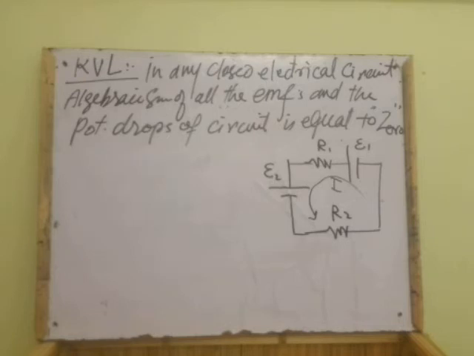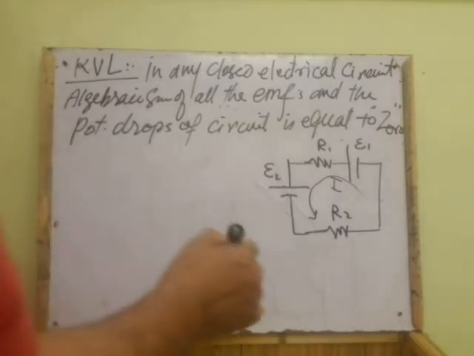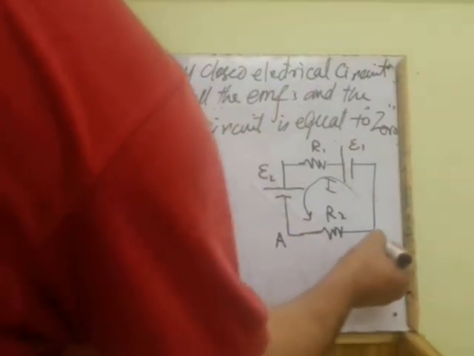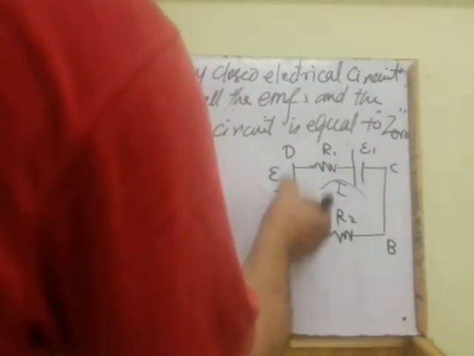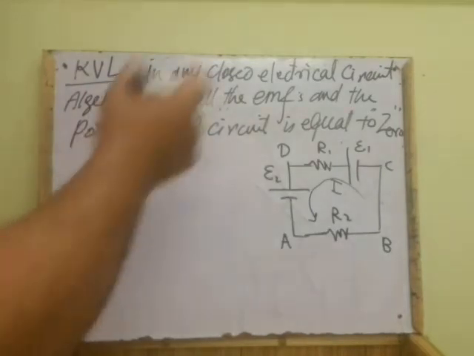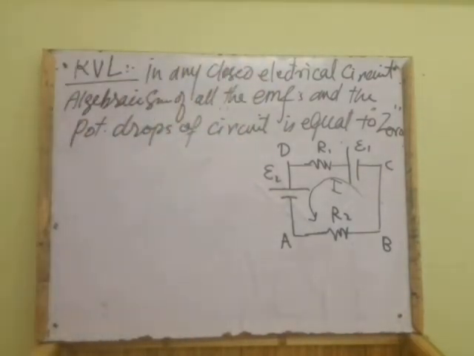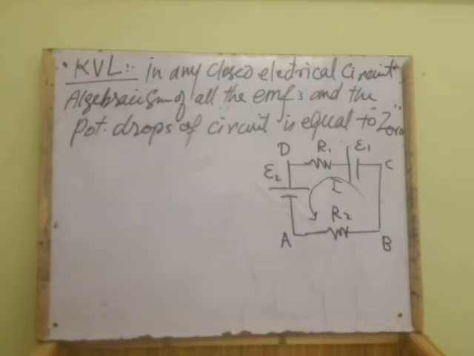The validity of Kirchhoff's voltage law can be easily established by referring to the closed loop A, B, C, D, A. This is a closed loop circuit in which some current must be flowing. Very importantly, we can think of the direction of the current by ourselves.